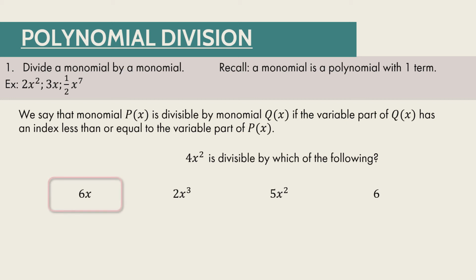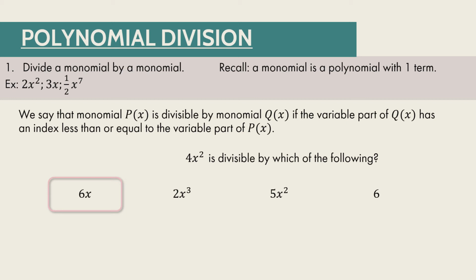First, it is divisible by 6x because the variable part has the index of 1, which is less than 2 in the dividend. So 4x squared is divisible by 6x. But it is not divisible by 2x to the power of 3 because 3 is bigger than 2, and so it is not divisible.